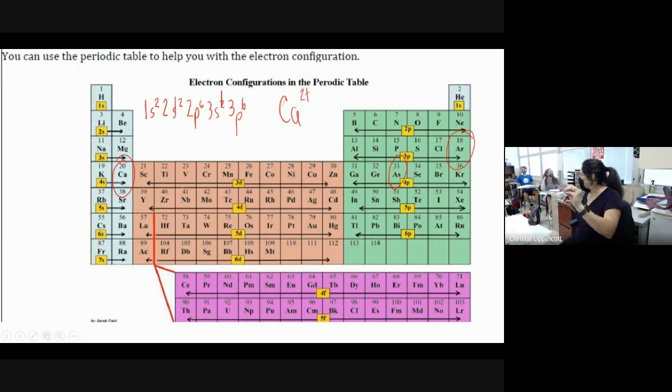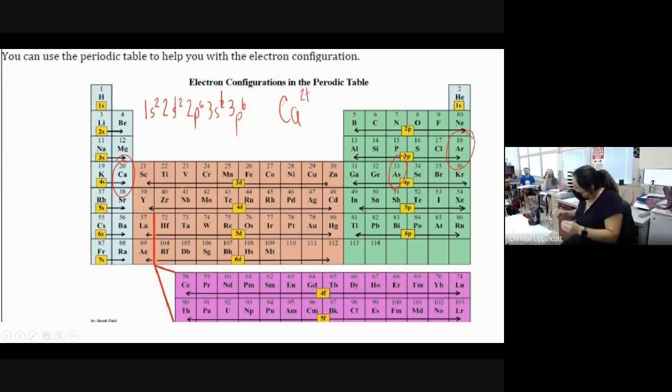That calcium wants to get rid of those 2 electrons because it wants to look like argon. If it looks like argon, it has a filled outer energy level and it's stable. So by losing those 2 electrons, it does. Now, is it argon at that point? No. Why? Protons? Yes, exactly. It still has the same amount of protons.